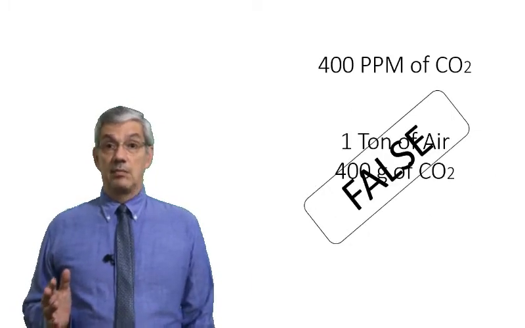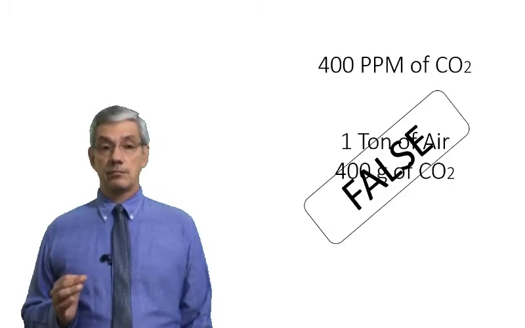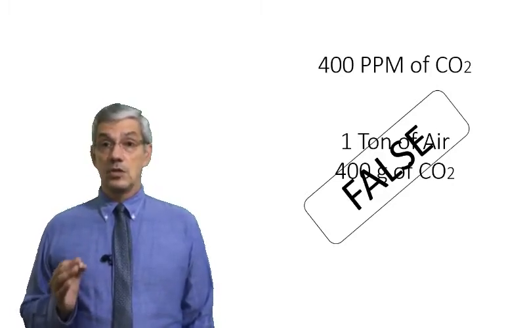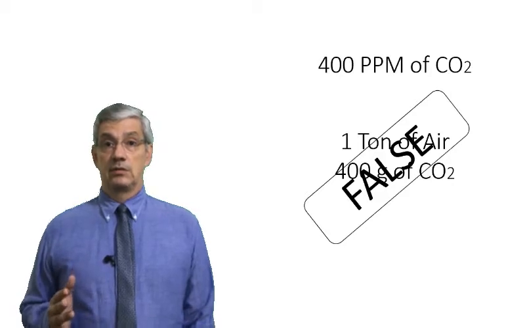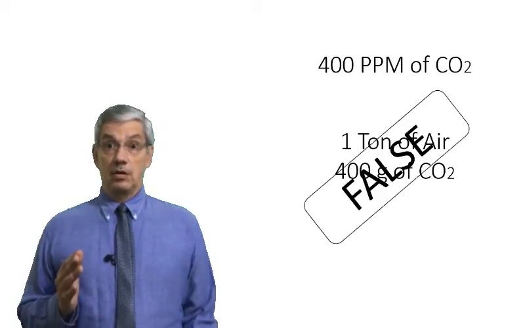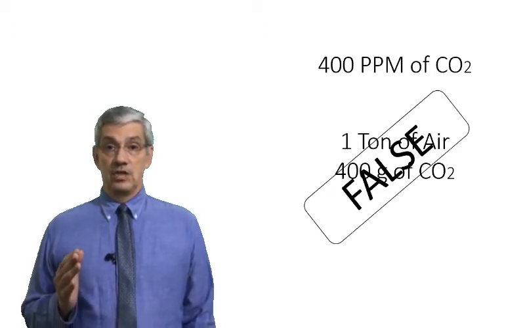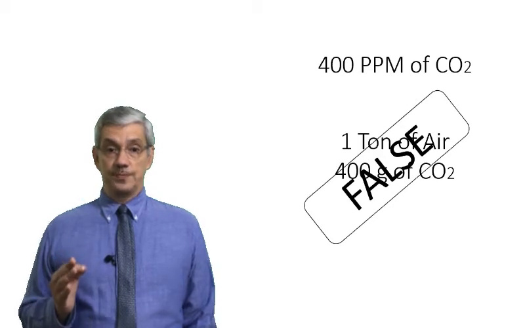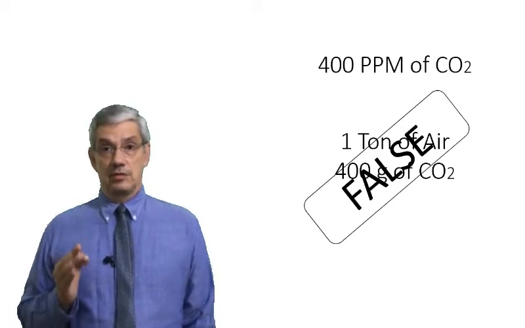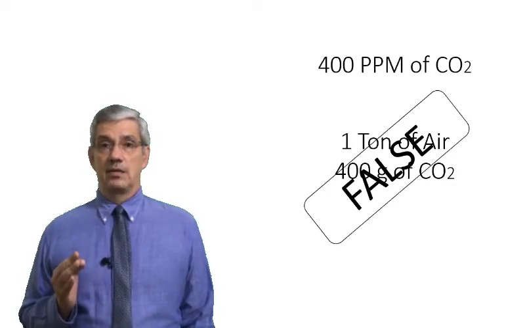Well, we must say that this statement is false. Although it's not forbidden to measure gas concentrations in ppm by weight fraction, this is not usual. Generally, we measure gas concentrations in volume fraction. Why?